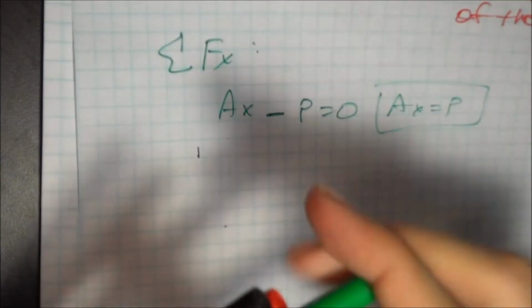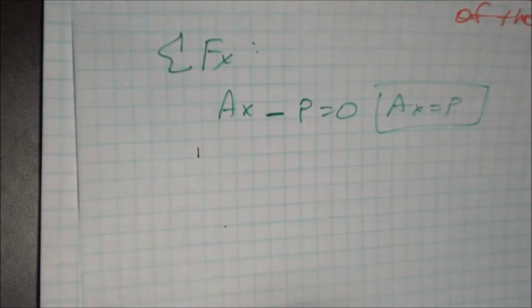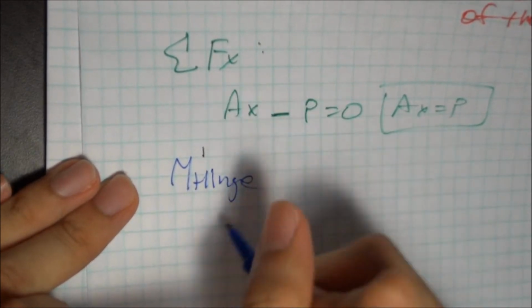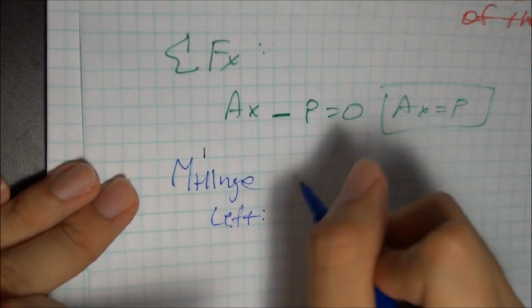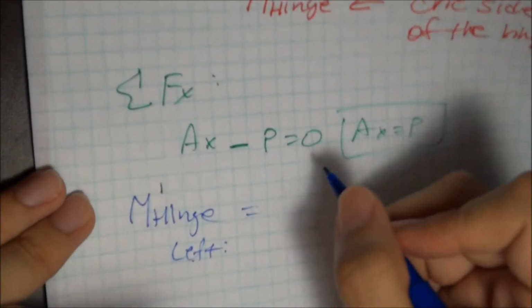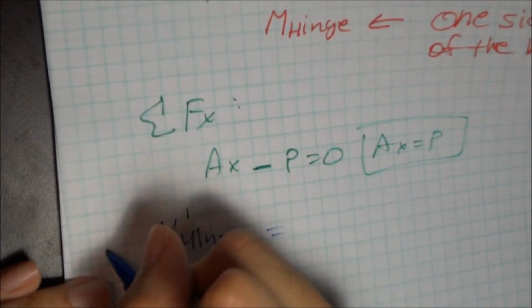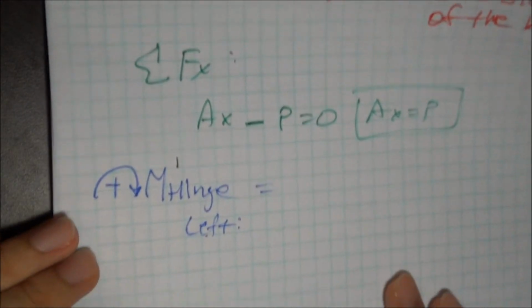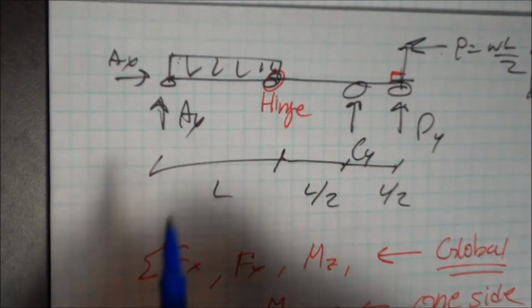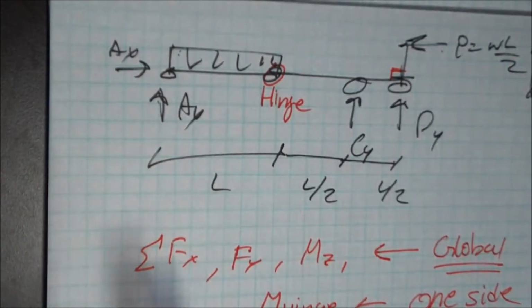For our Ay, like I was saying earlier, I think it's best if we use moment about the hinge and we work with the left side. If we do this, let's say that this way is positive. From the hinge, we have Ay acting this way, and we have a distributed load acting this way.